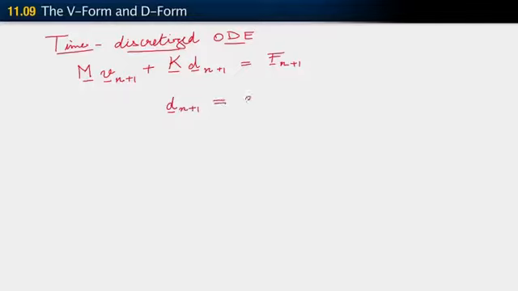equals d at n plus delta t v at n plus alpha, okay, where v at n plus alpha equals v n plus 1 multiplied by alpha plus 1 minus alpha times v at n.